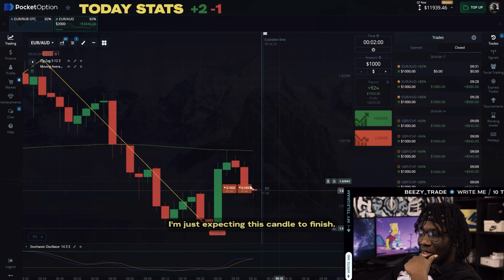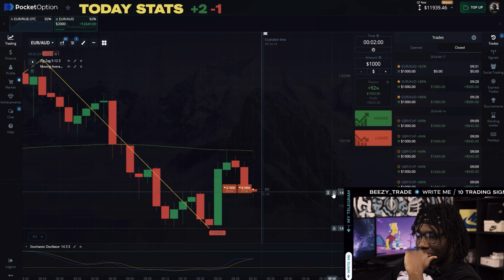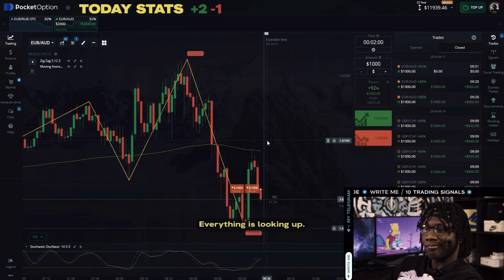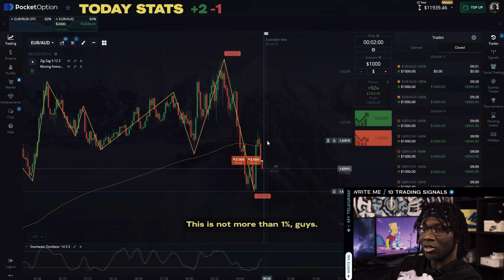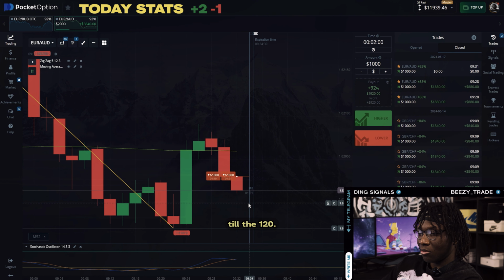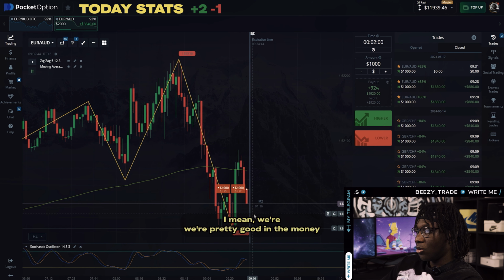I'm just expecting this candle to finish lower than that price. Everything is looking good. Everything is looking good till the 120. I mean, we're pretty good in the money on this one for sure.